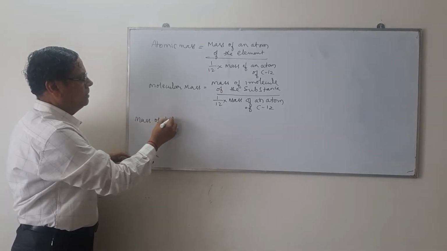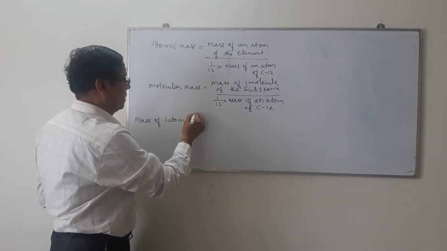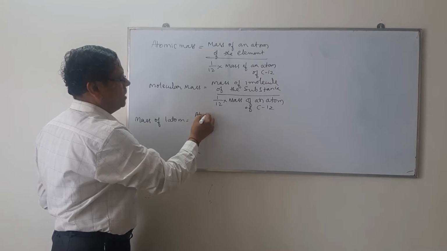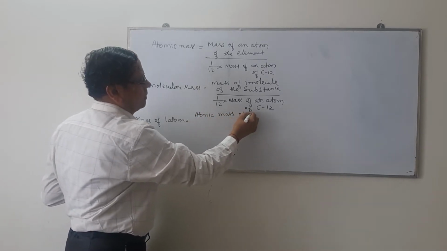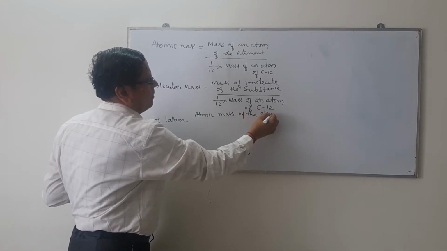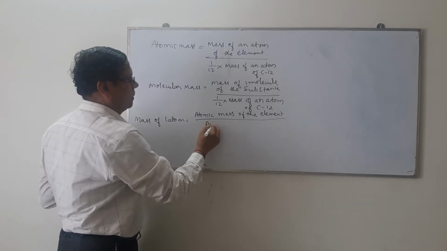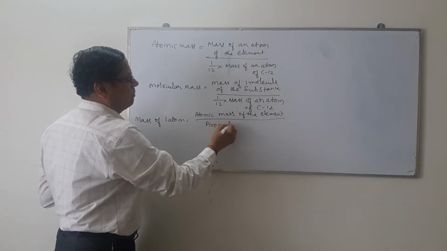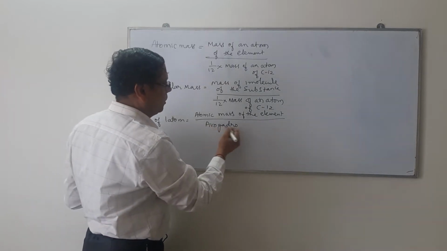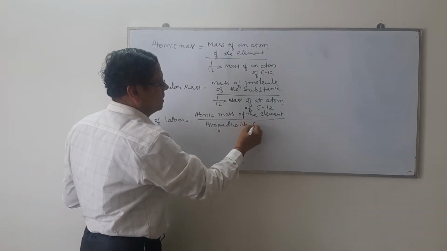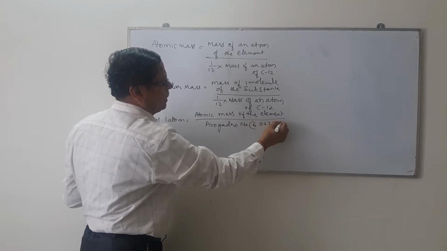Using this relationship, we can calculate the mass of one atom. Mass of one atom is equal to the atomic mass of the element divided by Avogadro number, because Avogadro number of particles will have this mass equal to atomic mass. That is 6.022 times 10 to the power 23.